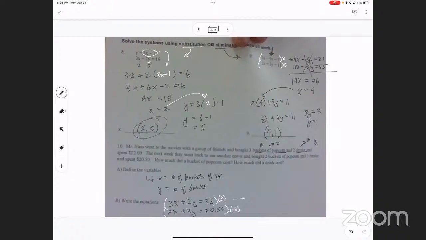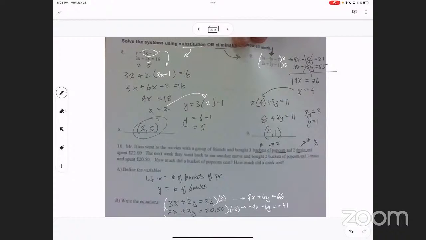So this first equation is going to be 9x plus 6y equals 66. What's the second equation going to be? -4x plus -6y equals -41.